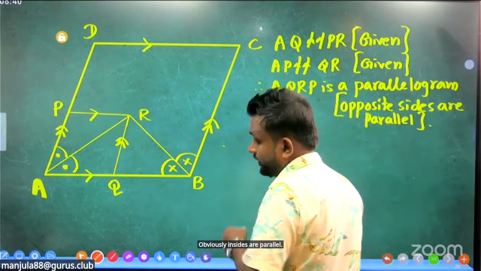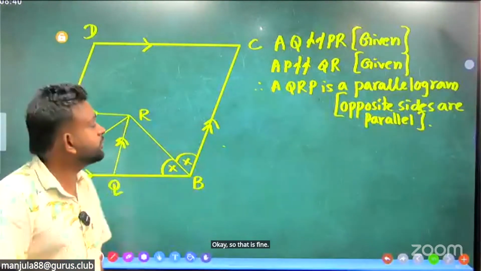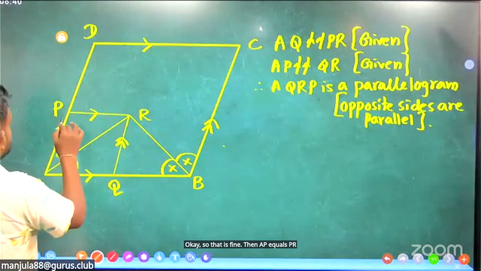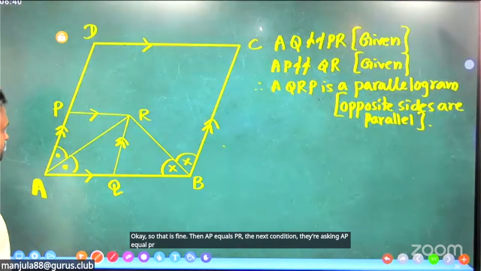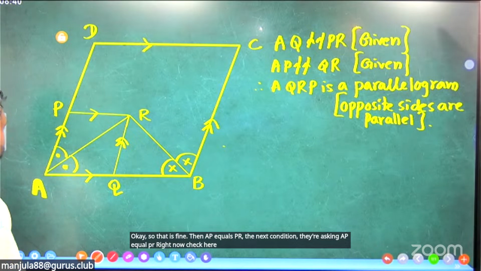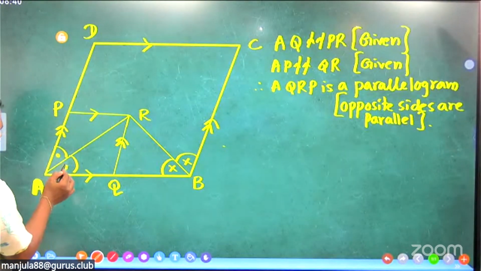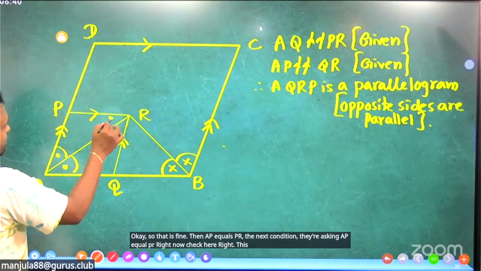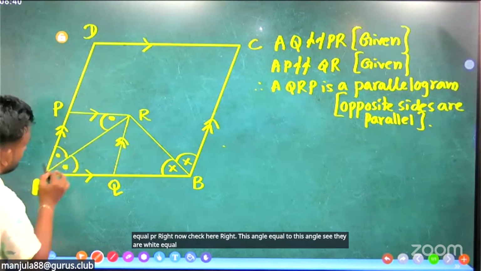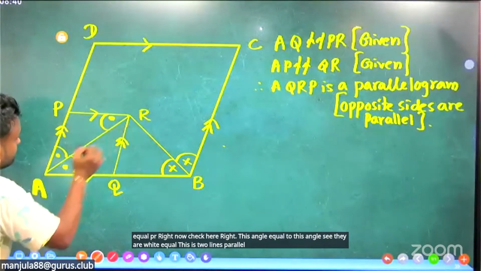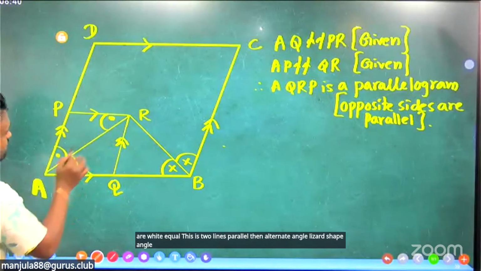Okay, so that is fine. Then the next condition they are asking is AP equal to PR. Now check here. This angle is equal to this angle. Why is it equal? These are two parallel lines, so alternate angles are equal.